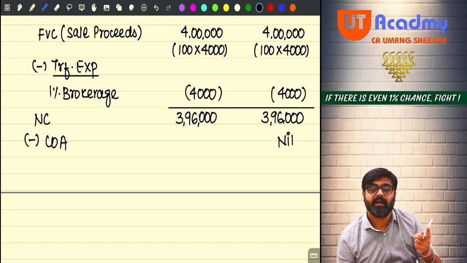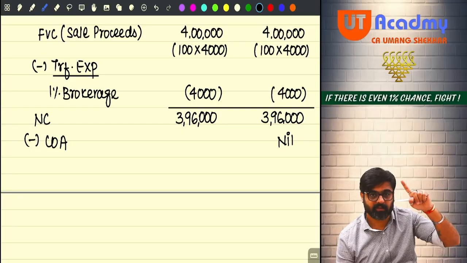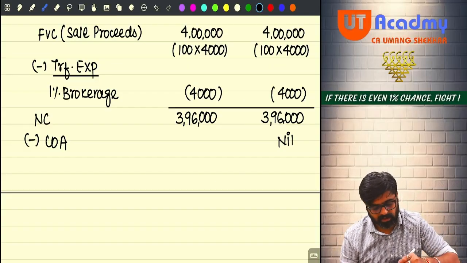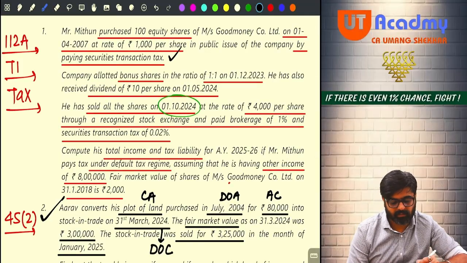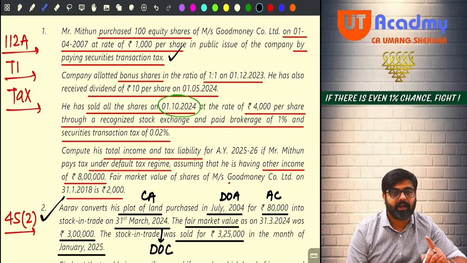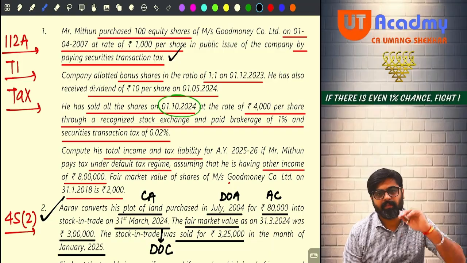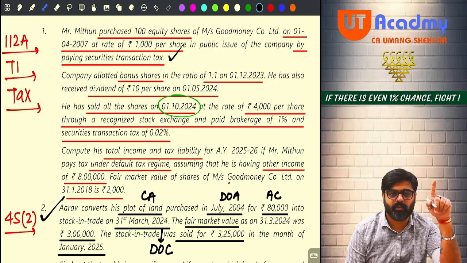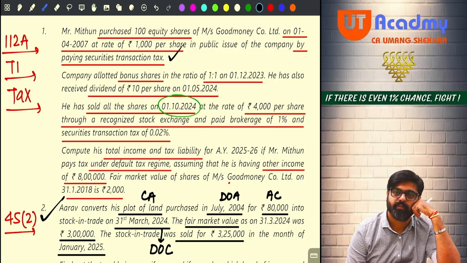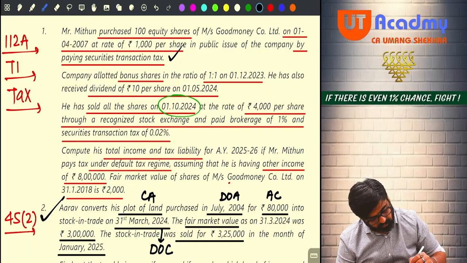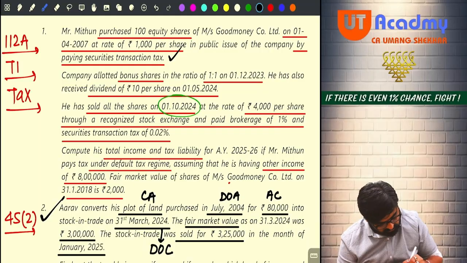Can I take actual cost? Yes. Actual cost was how much? I acquired those shares for 1,000 per share. So 1,000. And at the time of acquisition, I did not pay any STT or brokerage. Yes or no? So tell me, 1,000 into 100 will give me 1 lakh rupees, or what is the fair market value? 2,000 as on 31st January.